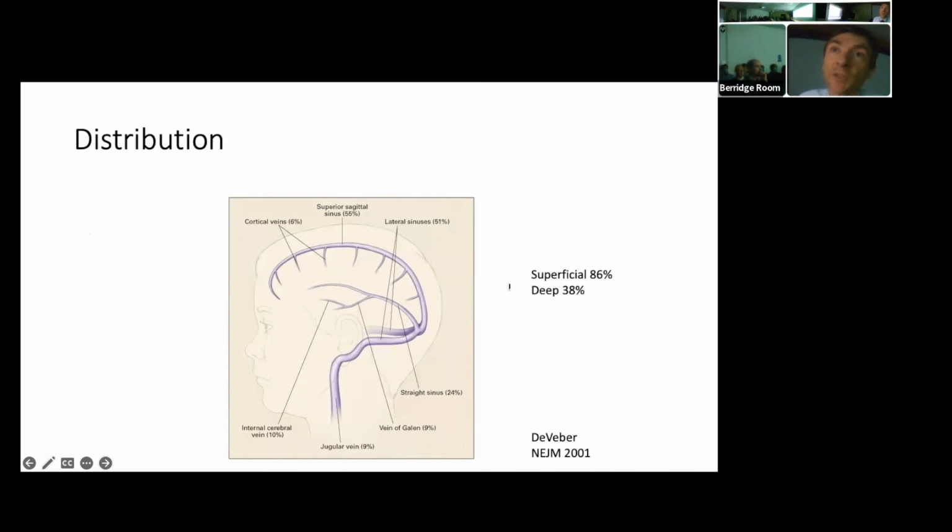So we said that it's more common to have superficial involvement than deep involvement. But you can see from the numbers here that it does also overlap. So you may have both deep and superficial involvement. And at the cortical veins, isolated cortical vein thrombosis in children was unusual, around about 6%.